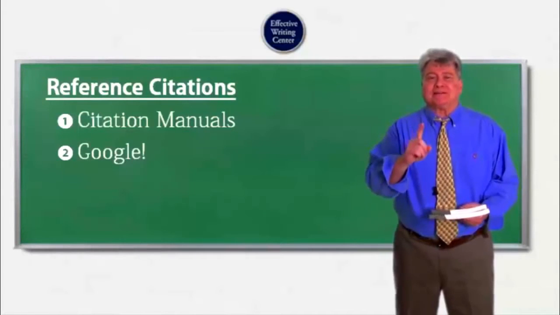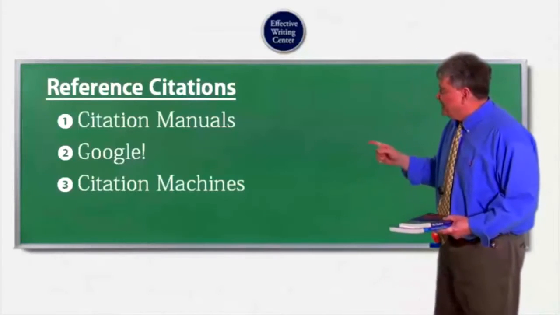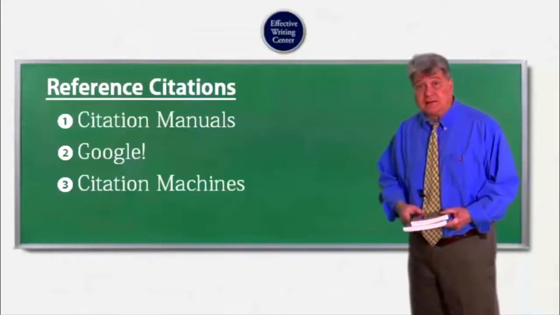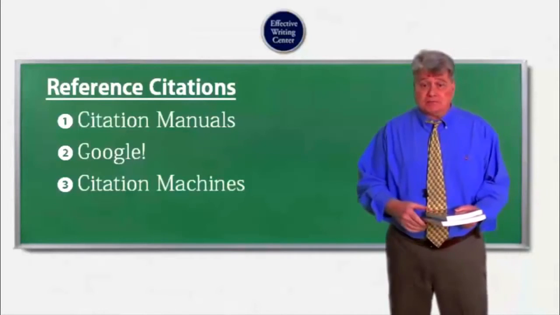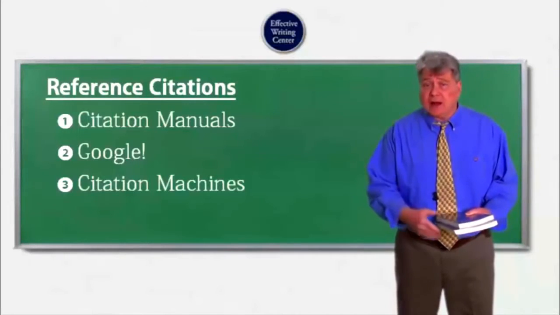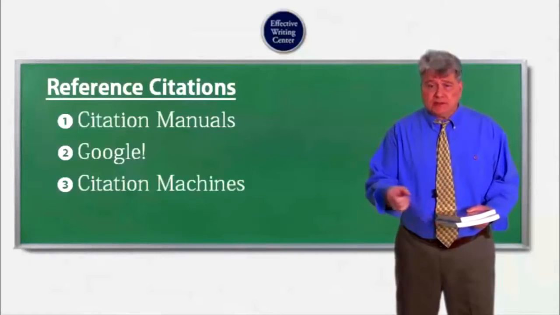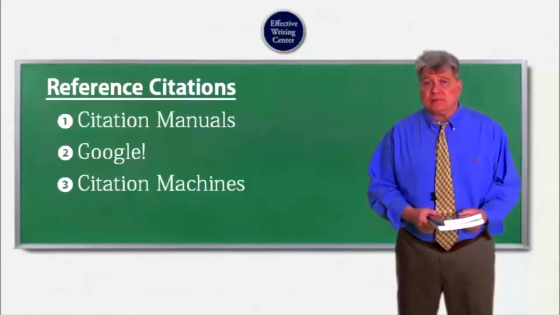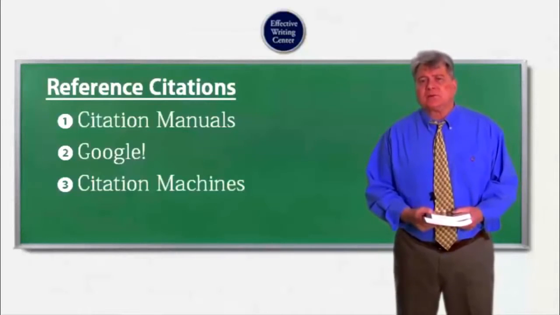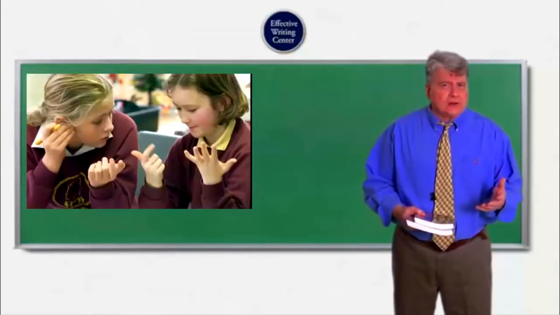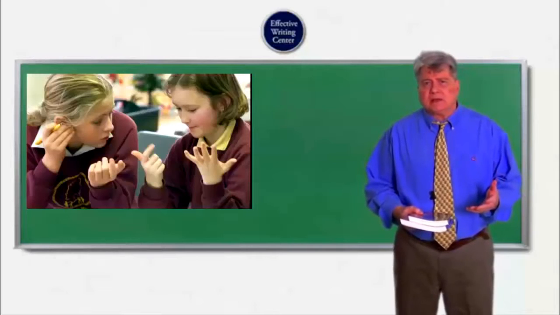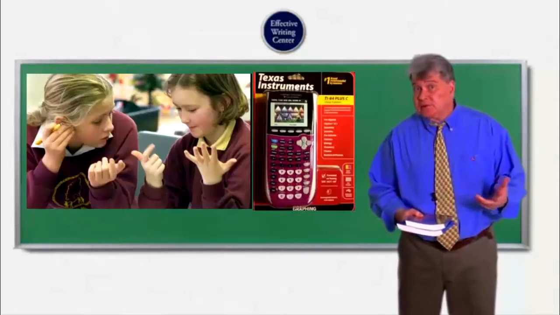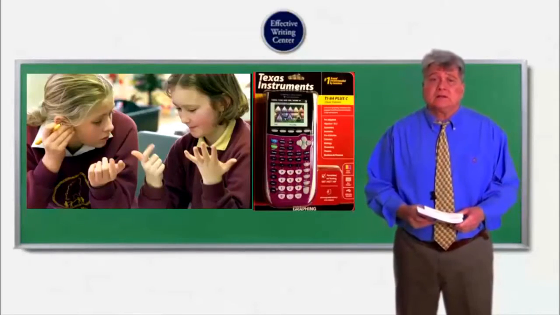Third option. Aha! Citation Machine. That's right. There's a machine where you can put in the information that you got in the library. The Citation Machine does its algorithm and spits out a citation for you. Now, that's kind of like the difference between counting on your fingers for a math exam and using a Texas Instruments T2000 pocket calculator.